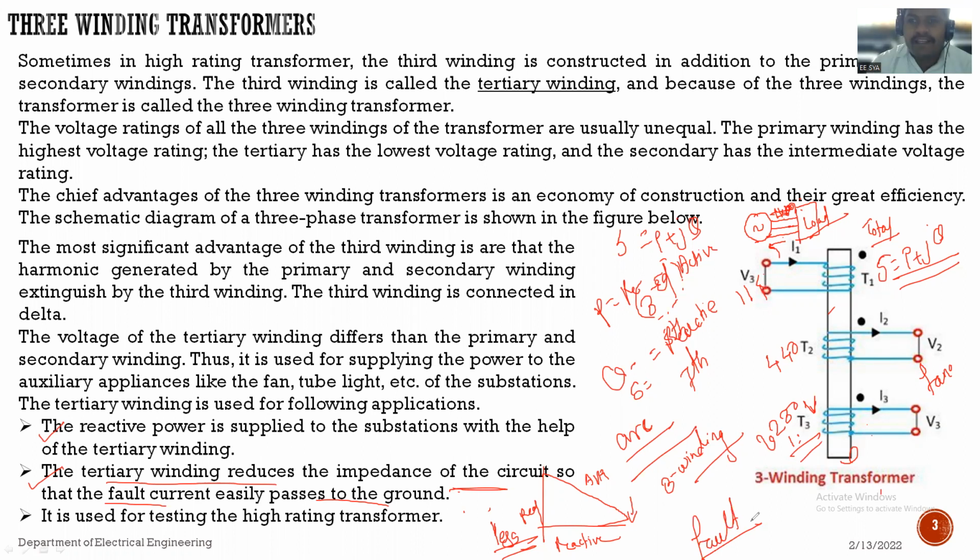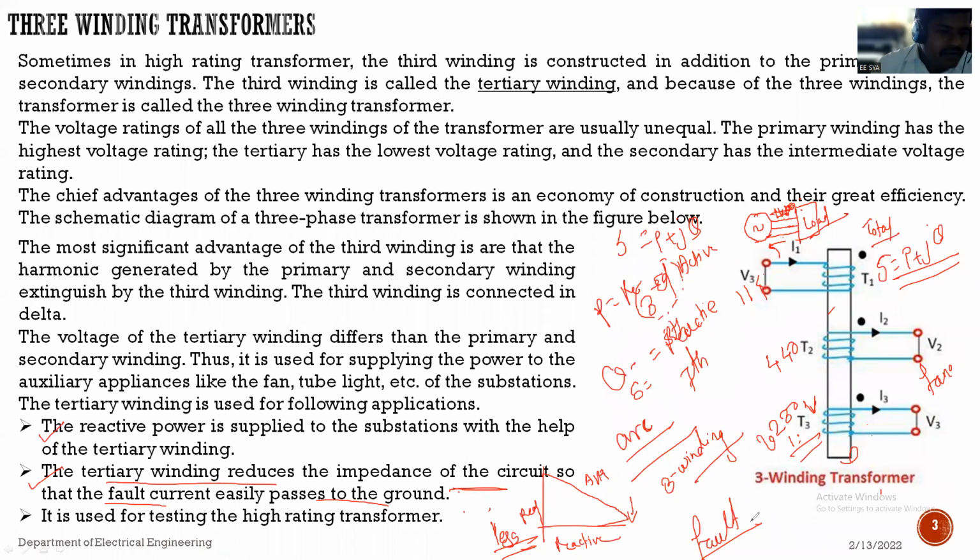And again there is a low impedance, so this current will be directly grounded suddenly, so that there is no harm to the equipment, or to the healthy part of the system, which stays healthy apart from the faulty part.